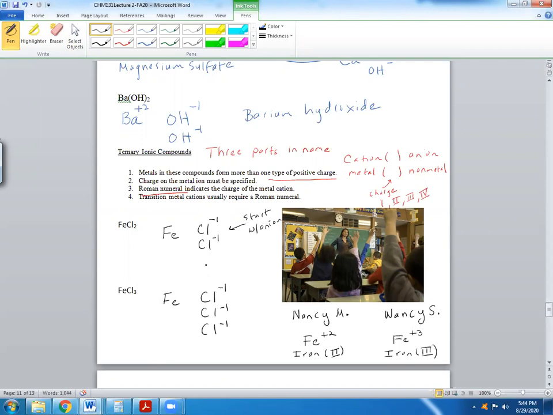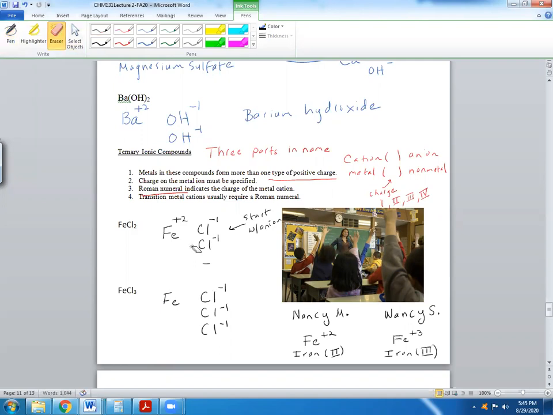Then you ask yourself this question: why would I need two Cl's here? If they add up to a -2, then the iron must be what in order for the charges to cancel out? You're right, a +2. A +2 and a -2 cancel out.